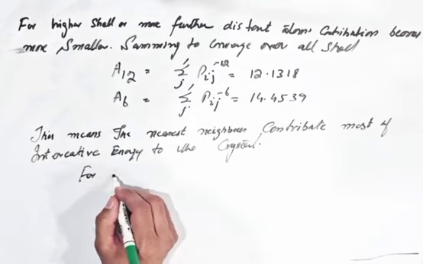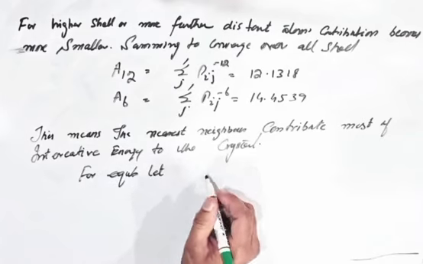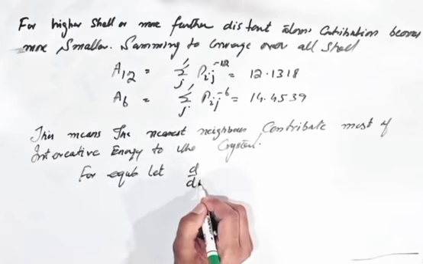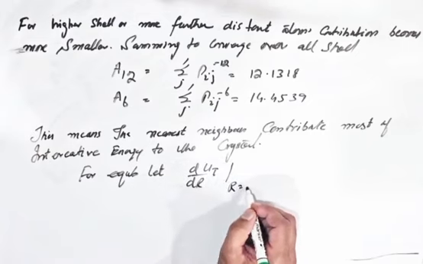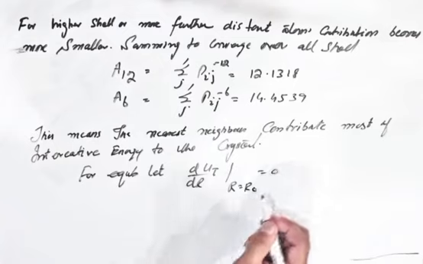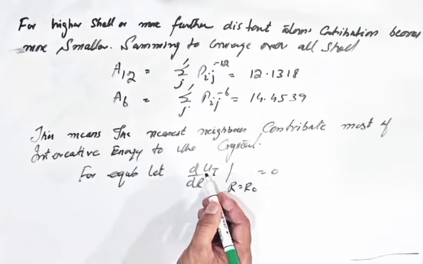For equilibrium, let d/dr of U total at r equal to R naught be 0, to find the equilibrium distance.